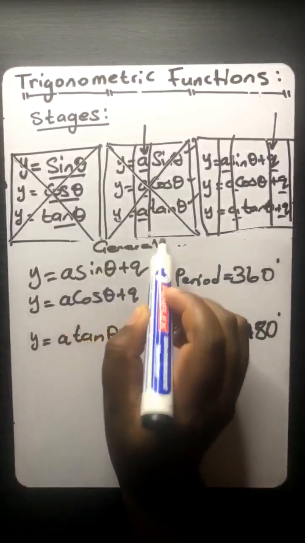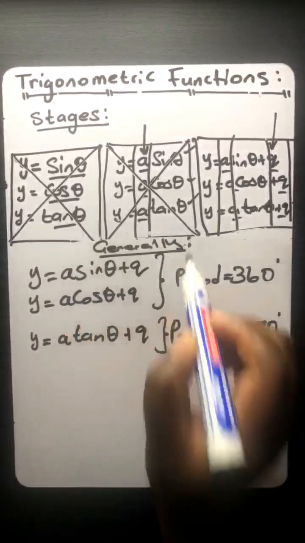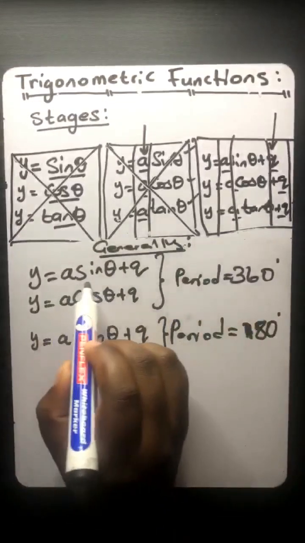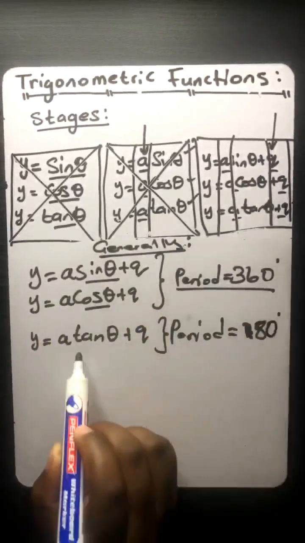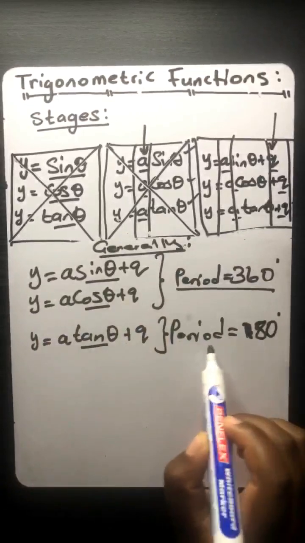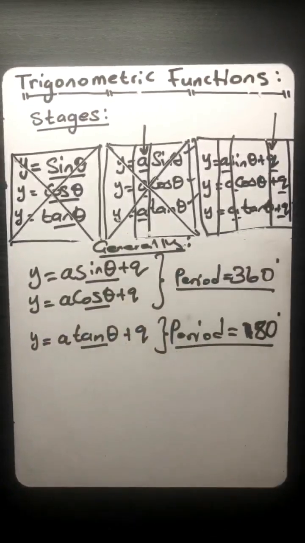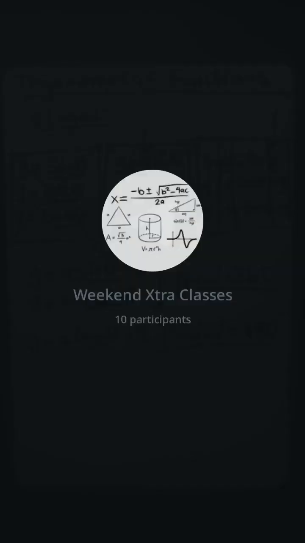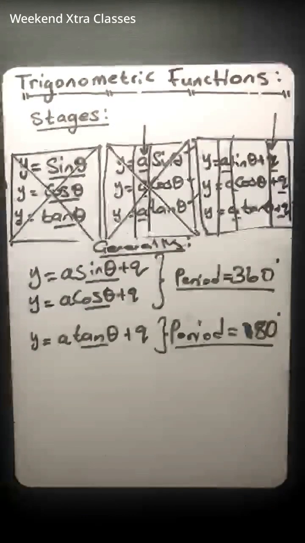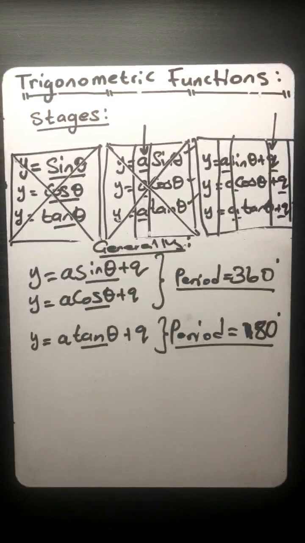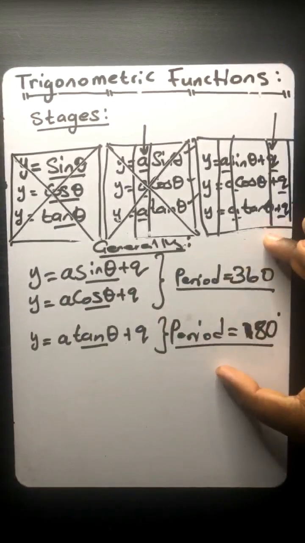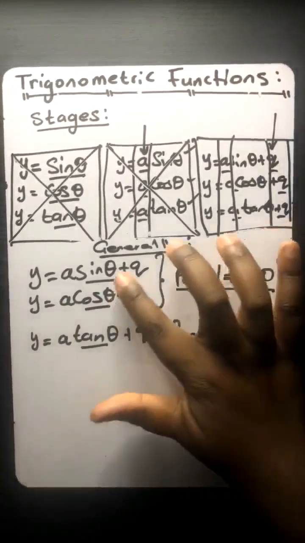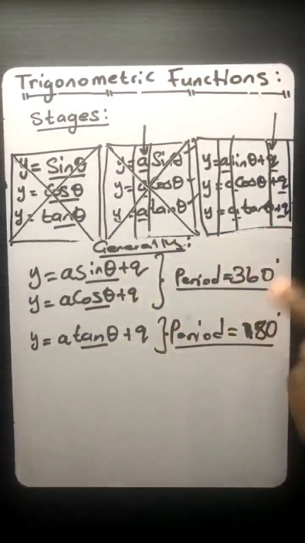So generally, the functions of sine and cos have a period of 360 degrees. This one for tan has a period of 180 degrees. I'm going to go deeper and explain how you can still find different periods for different functions. But for now, do you generally understand what is meant by those two, 360, and for that, 180?